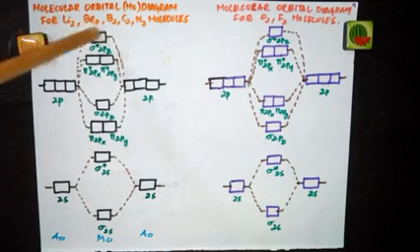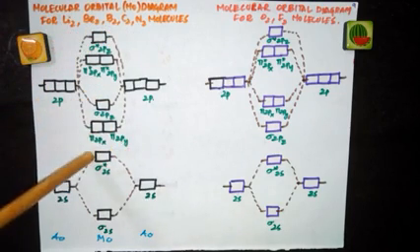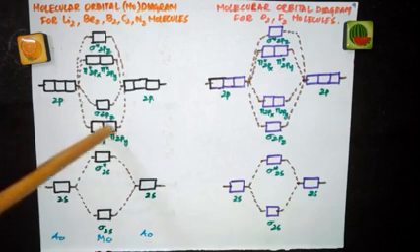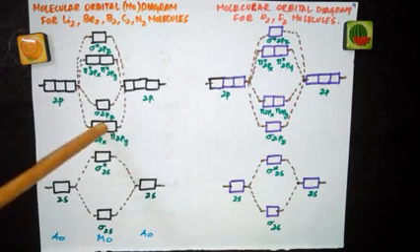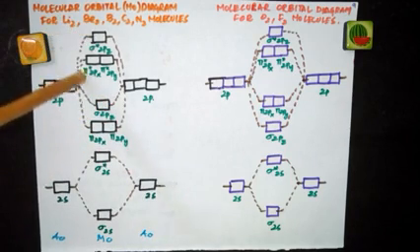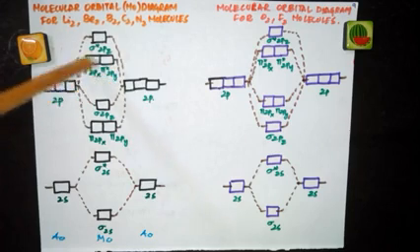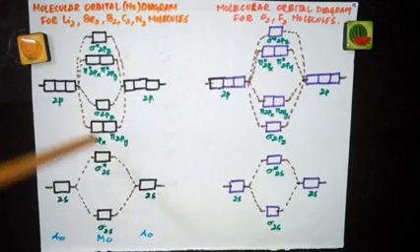For Li2, Be2, B2, between these two, this has the lower energy, and both are equal, so you put them together. So pi 2px, pi 2py, two boxes, and above that you have sigma 2pz and above that you have pi star 2px, pi star 2py, equal energy, and higher energy is sigma star 2pz. So it is arranged in increasing order.